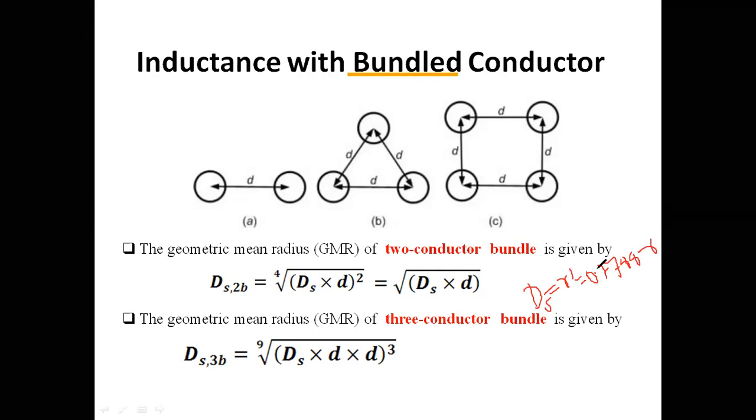So this is the expression of Ds, and here we are using d cubed for three conductors in the bundle.